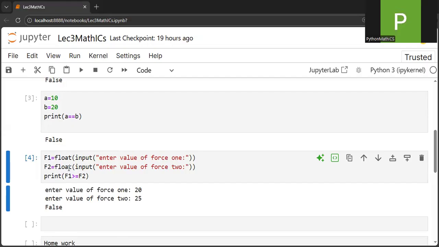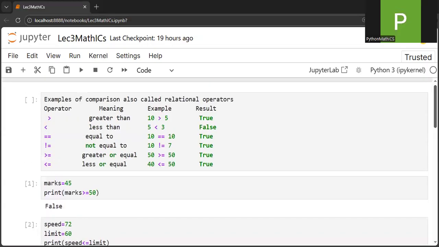So we end the lecture here. Summary of lecture 3: we have learned about comparison operators. They are also called relational operators, and this is how they are represented in Python.